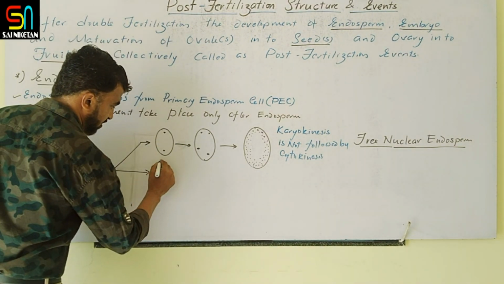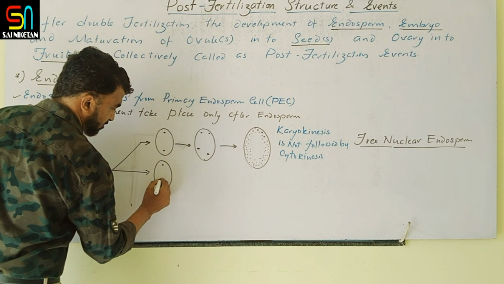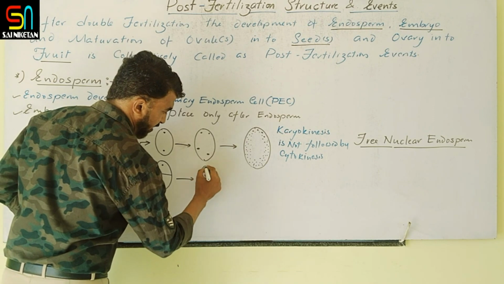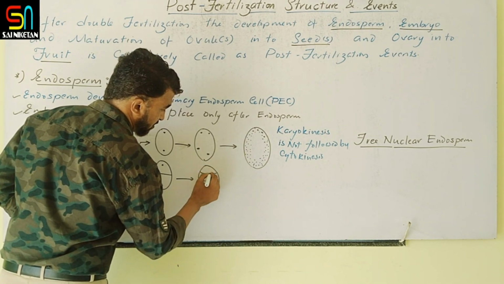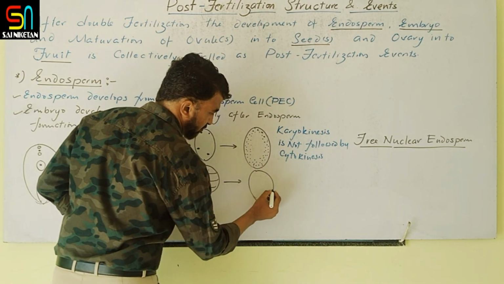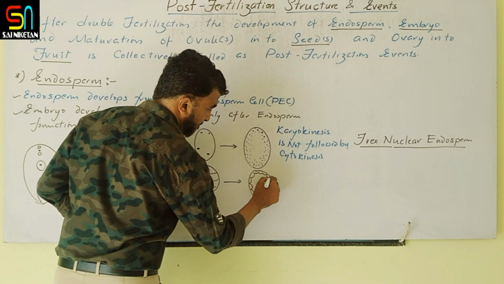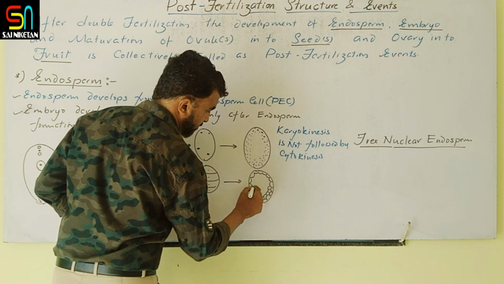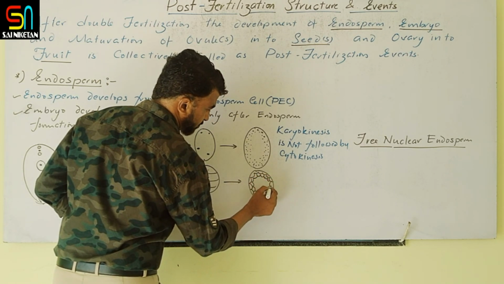Second type: if this primary endosperm cell undergoes karyokinesis followed by cell wall formation, after every nuclear division cell wall formation takes place, and ultimately the endosperm looks like this one. After every division, cell wall is formed.